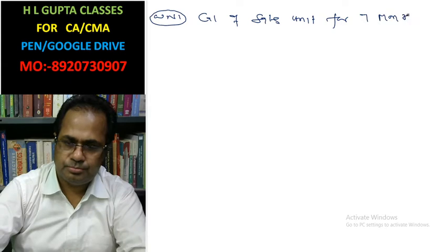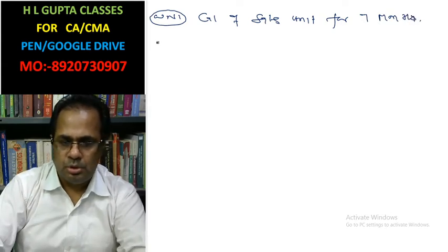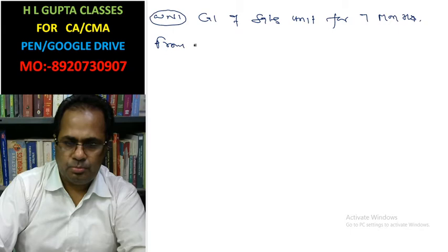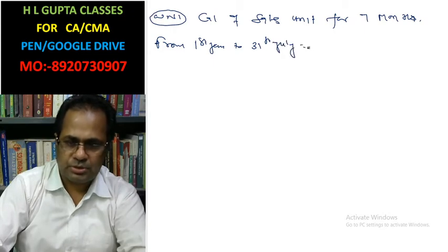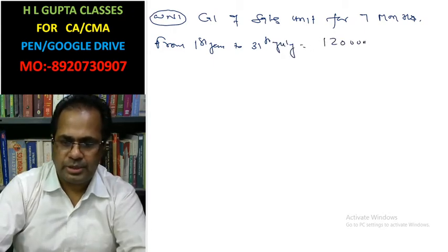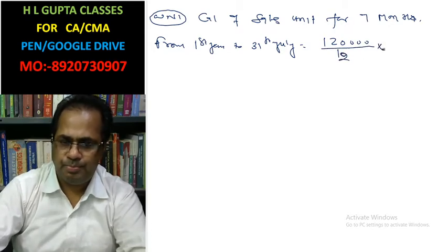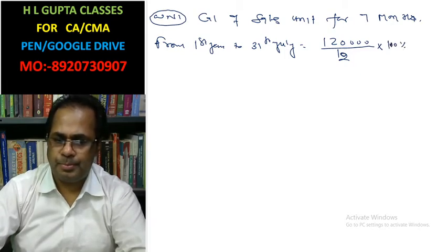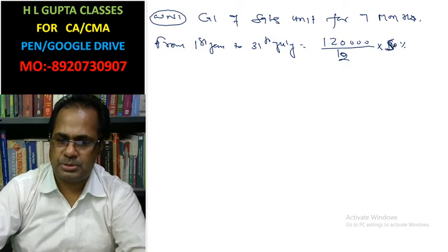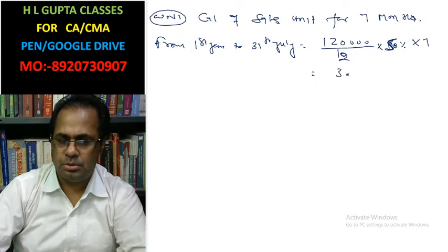Sales units for 7 months, from 1st January to 31st July: 1,20,000 divided by 12 is for 100% capacity, and at 50% capacity for 7 months this is 35,000 units.